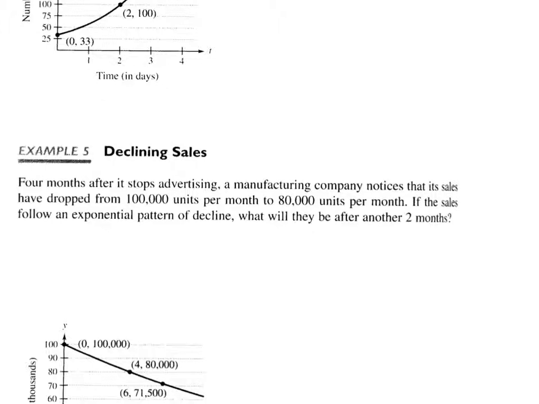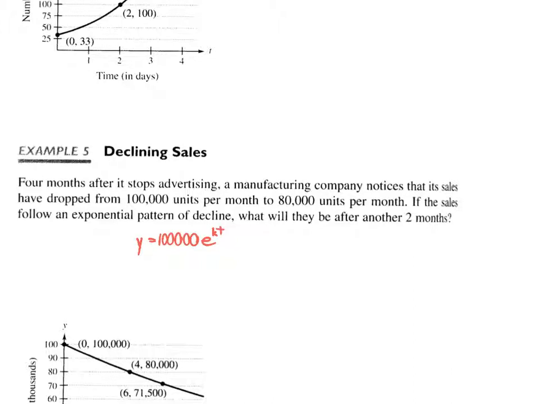So C equals 100,000. Here they gave us what C was. So now we know that y is 100,000 e^(kt). And we have 1 point given to us. After 4 months, it equals 80,000.